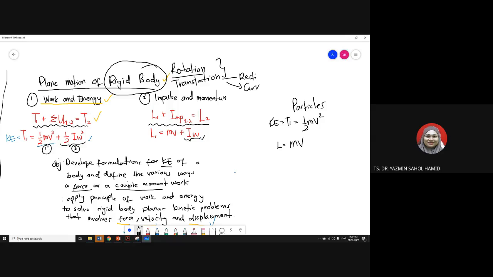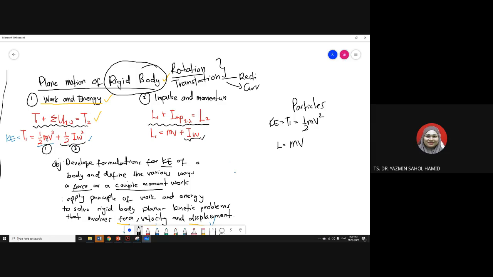If there is a velocity involved, it means the rigid body is moving due to velocity, then you can consider 1 over 2 mv squared. If there is no velocity involved, it means the rigid body does not move due to velocity, it is only rotating, then you only use 1 over 2 I omega squared. But there are also questions where it is moving and rotating. If it is moving and rotating, you consider both equations.